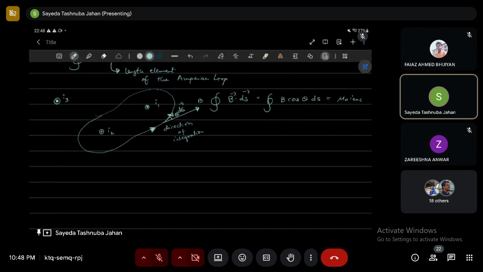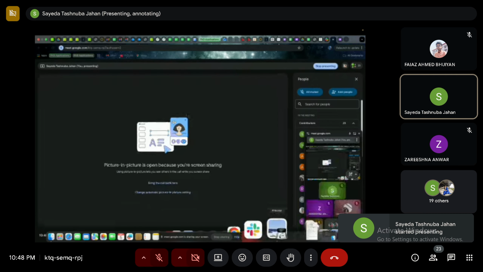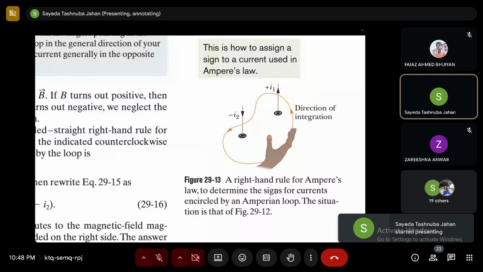Why can't I share my window? Okay, let me just share my entire screen. Okay, so do you see the direction?